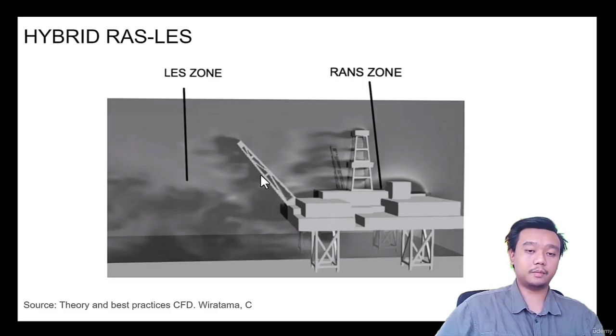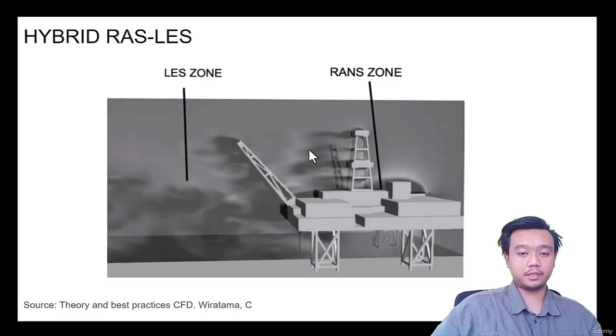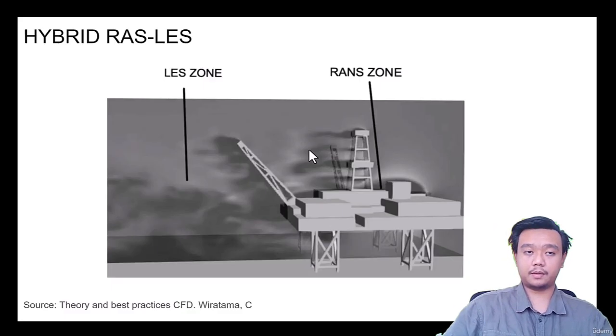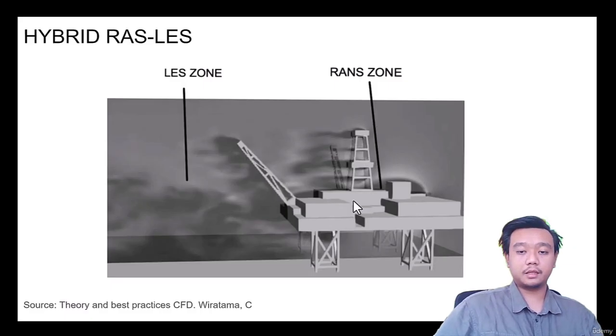So it will basically solve the flow nearby the wall, or the smaller eddies, but you will not solve the eddy itself, and instead calculate the average value nearby the wall, and you will solve the flow far away from the wall by LES.